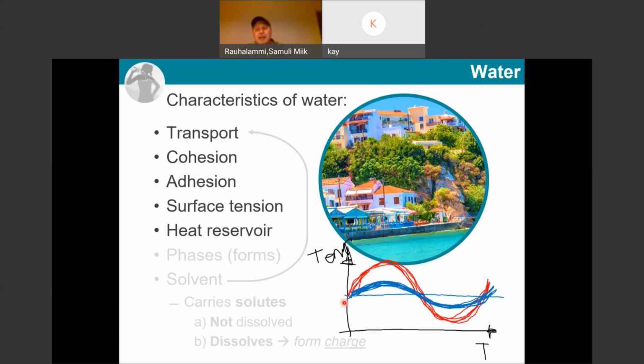Because the big masses of water over the day store some of that excess heat, so the temperatures don't rise quite as high as they would if there weren't big bodies of water around. And then during the night, they release some of that stored heat, so the temperatures don't drop quite as much. So we get smaller fluctuation of temperatures if we are next to bodies of water. This is a good example of how water works as a great heat reservoir.